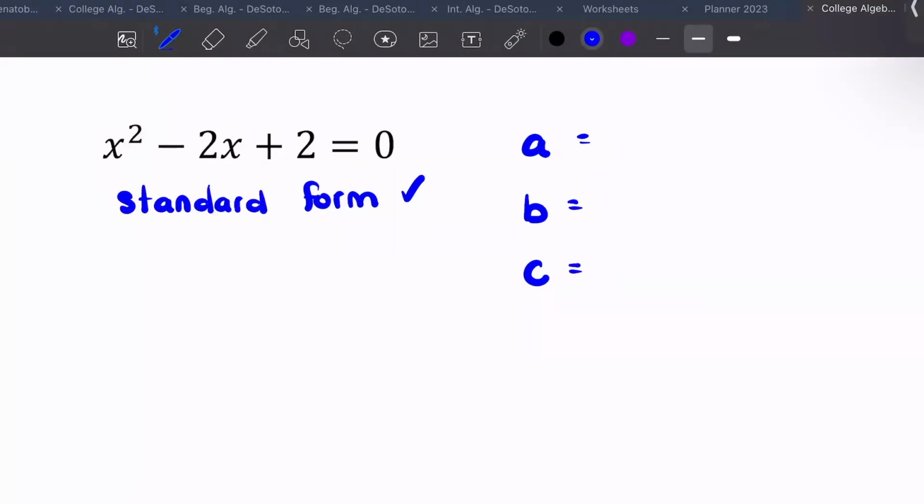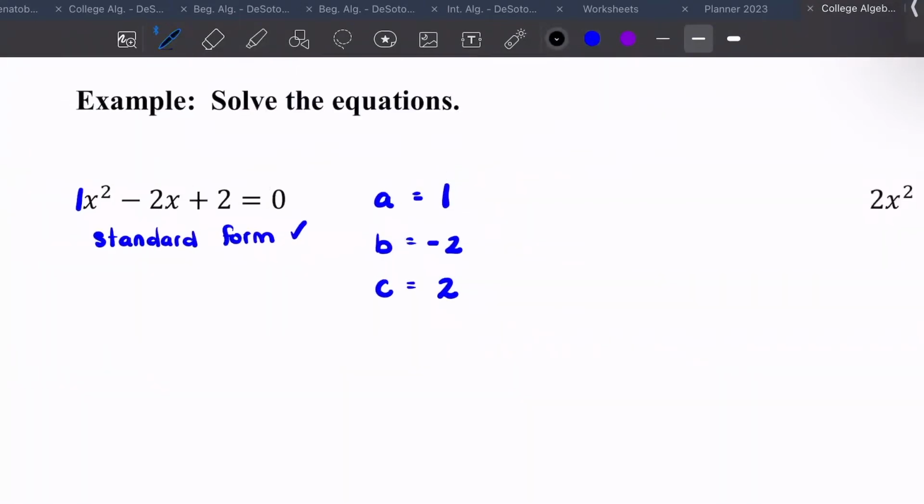So the coefficient on our x squared term is 1. There's an understood 1 there. And then b is negative 2, c is 2. All right, so here's our formula: x equals negative b plus or minus the square root of b squared minus 4ac all over 2a.